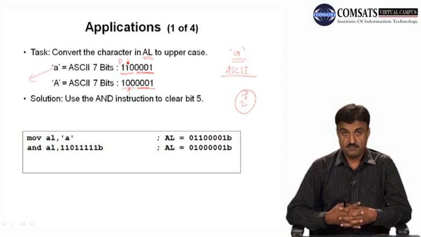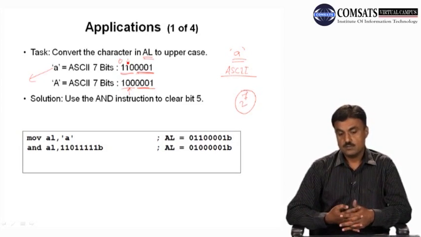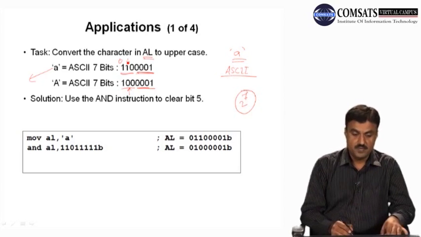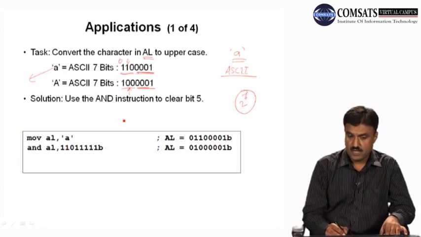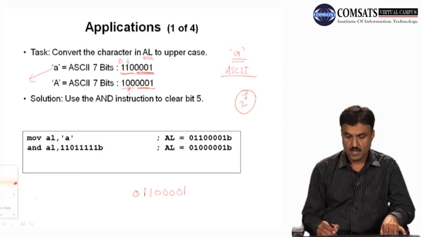So if we want to convert or invert this bit or reset this bit, we can use the AND operation. How can we use the AND operation? For example, if we AND this value, I want to reset this bit, so I will put a 0 there, and all the other bits are 1.